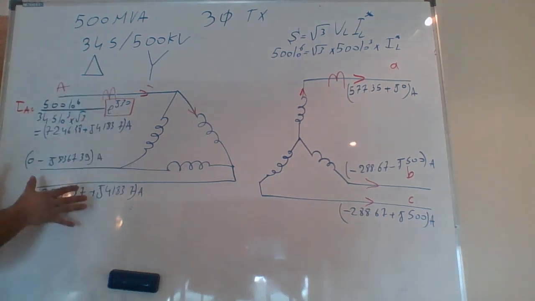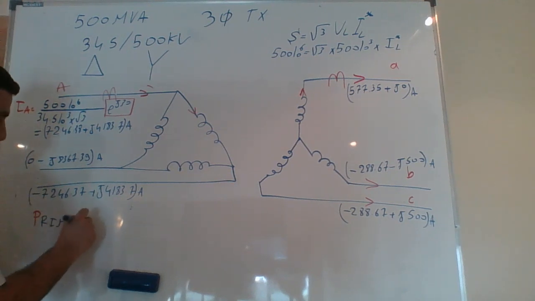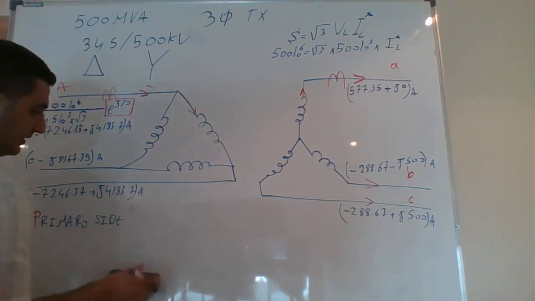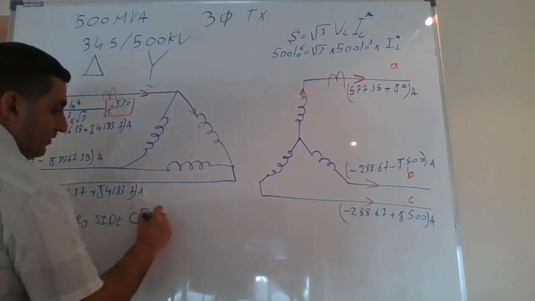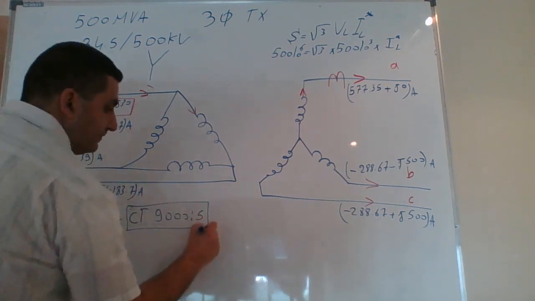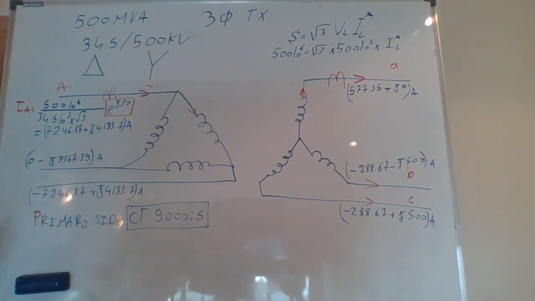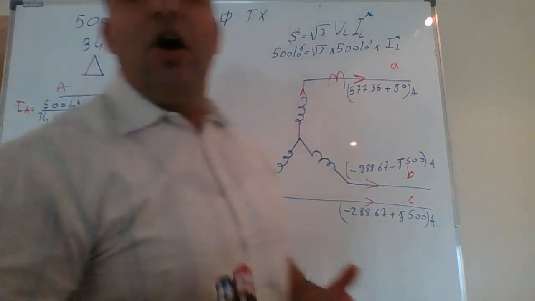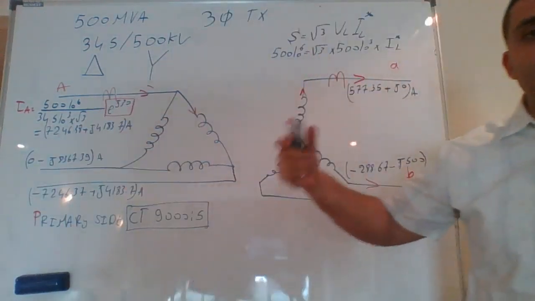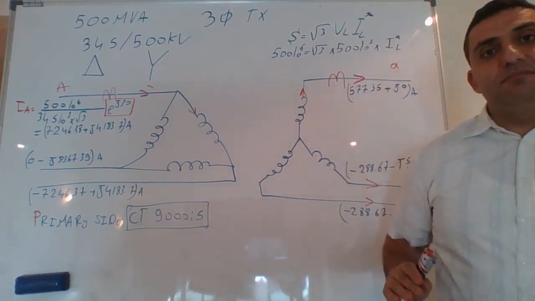The magnitude of this current is 8,367. So on the primary side, I can use a CT of ratio 9,000 to 5, because the magnitude of the primary currents IA, IB, and IC is 8,367. So I choose a CT ratio of 9,000 to 5. Okay, beautiful.